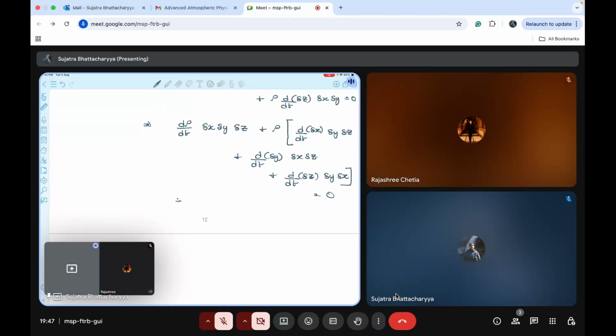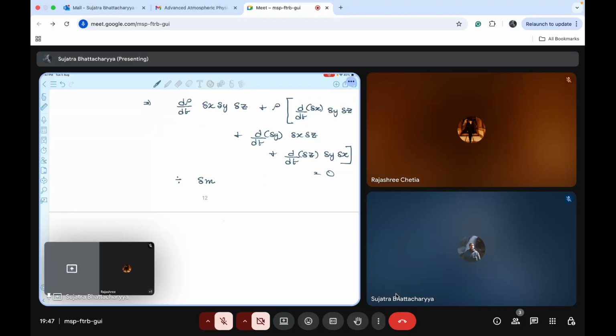What I do is that we divide by delta m, which is equal to rho delta x delta y delta z. If I do that, what will be the first term? 1 by rho d rho/dt, because this thing will be cancelled by this, and rho will be cancelled. So this is d/dt of delta x.